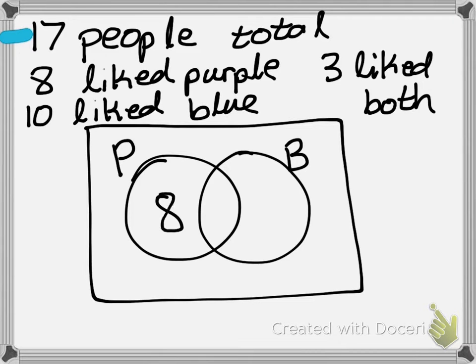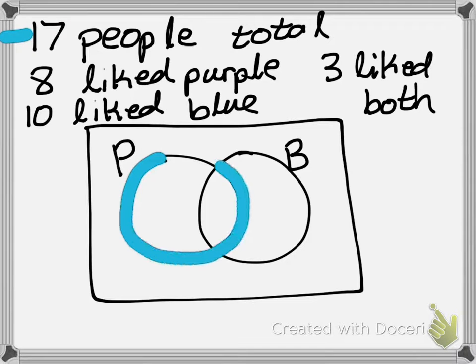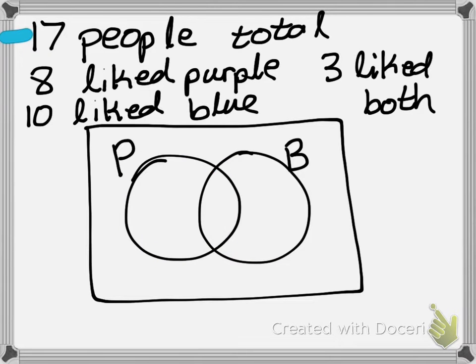A lot of people go ahead and say 8 here. But that's not true because everybody in this entire circle has to add up to be 8. So I'm actually going to start with the 3. 3 people liked both. That is a definitive 3 people in that middle, in that intersection.